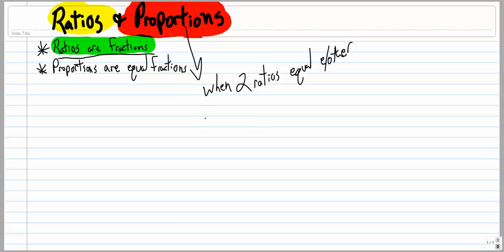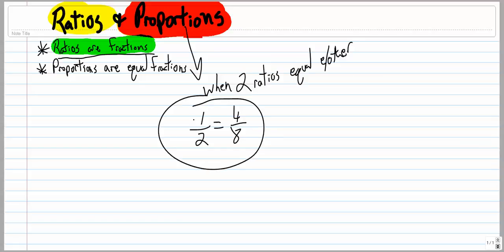So let's say 1 out of every 2 people has dark hair. So that would mean that 4 out of every 8 people has dark hair. So these two fractions equal each other. That means they are proportional. That's all. That's all proportional means. Two fractions equal each other. And what's the proof? I mean, 4 over 8 is reducible to 1 over 2, so yeah, they equal each other.